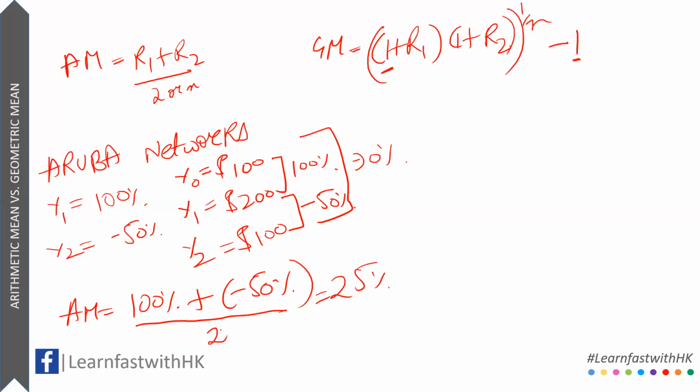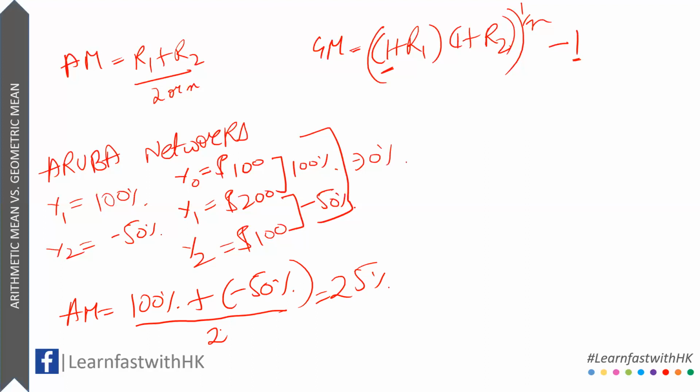Now, the arithmetic mean tells us that on an average, you earned 25% by investing in this stock over the period of 2 years. However, since we know the reality, in reality, we earned 0% from these stocks because we started at $100 and ended at $100. So it is very clear that arithmetic mean is not providing us the correct picture or the true picture.